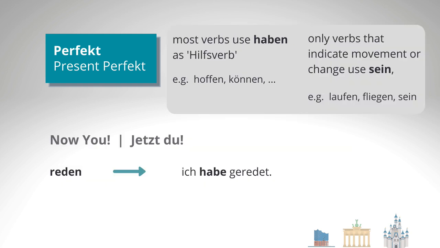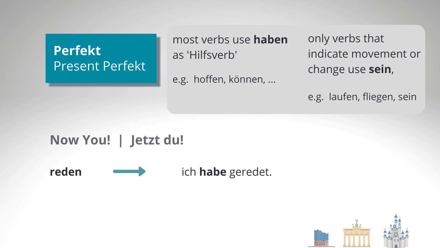Let's practice that. In the following, I will give you a verb, and your task is to decide whether we use haben or sein. So for example, I could give you the verb reden, and your task would be to say if we use the Hilfsverb haben in the perfect or sein.